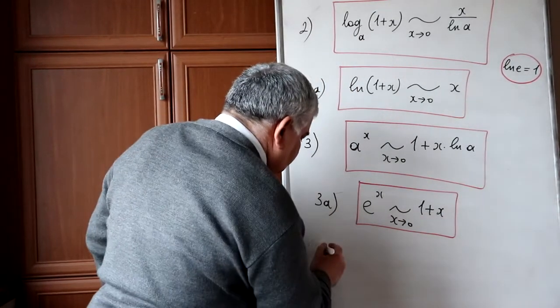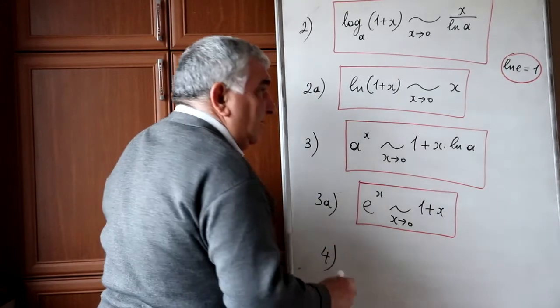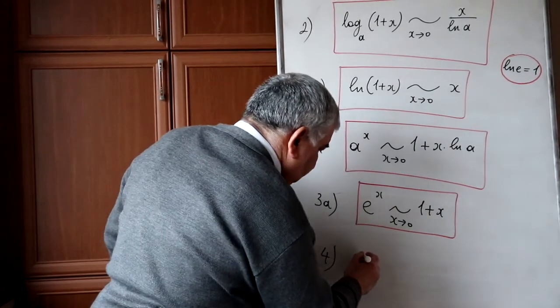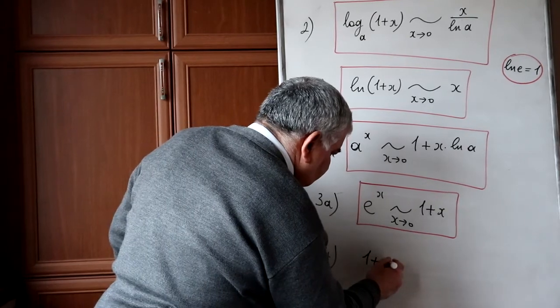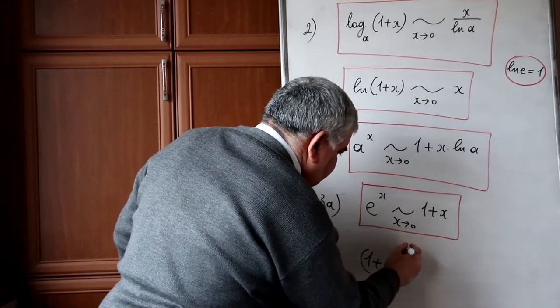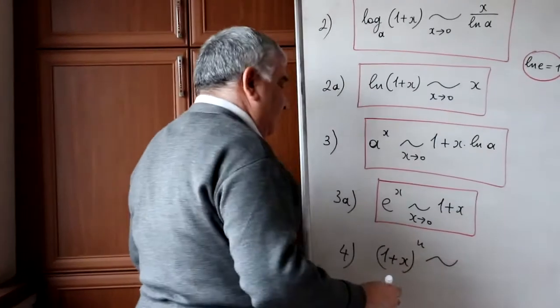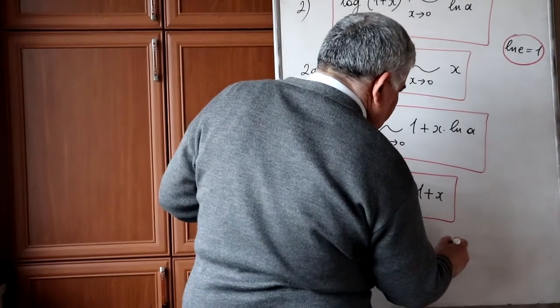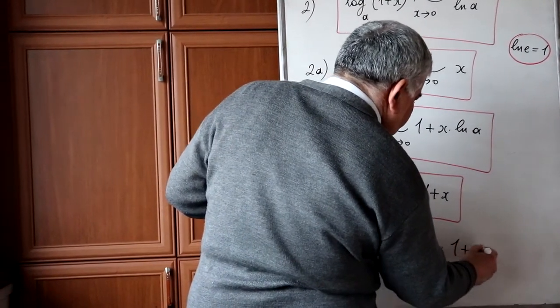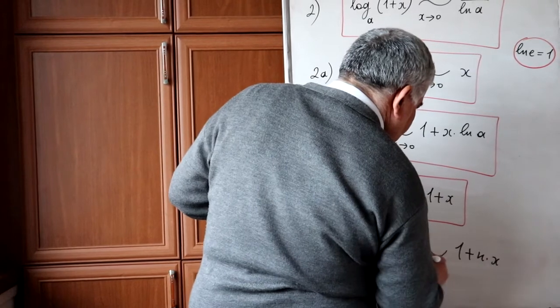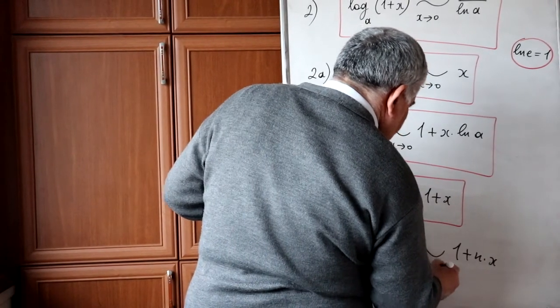And finally, equivalent form for the power function: 1 plus x to n is equivalent to 1 plus n multiplied by x when x tends to 0.